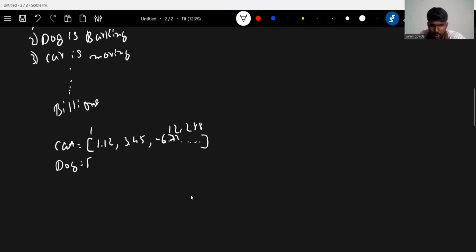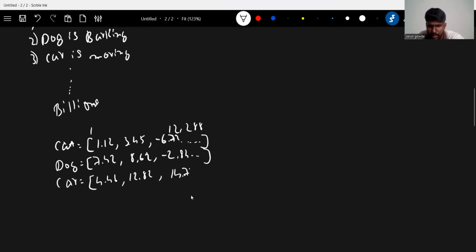For dog also, let's consider we have something like 7.42, 8.62, minus 4.84, similarly till 12,288 numbers. For car, we have, let's say, an embedding of 4.46, 12.82, 14.72.